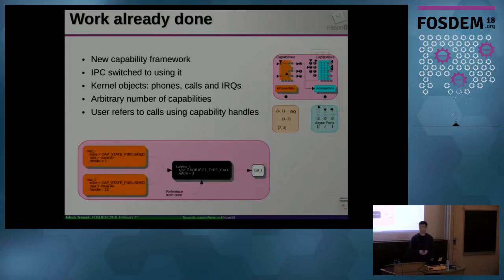We also introduced two new kernel object types, so one for calls, so that we no longer refer to calls using kernel addresses, but we have proper capabilities that identify a kernel object for each call. And also, as was apparent from one of the examples, we now have capabilities for IRQ objects. Unfortunately, we still have only one answer box per task, so we haven't fixed that yet.